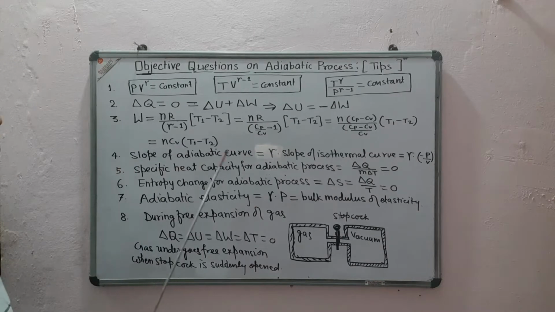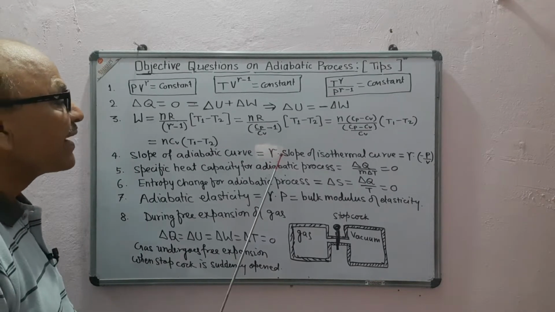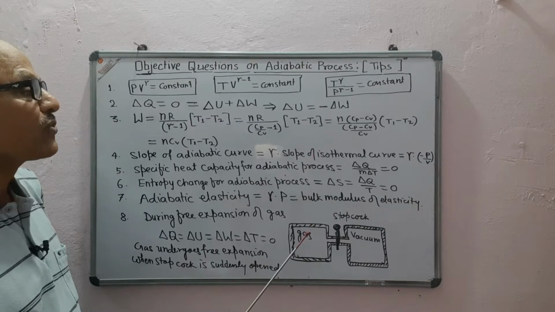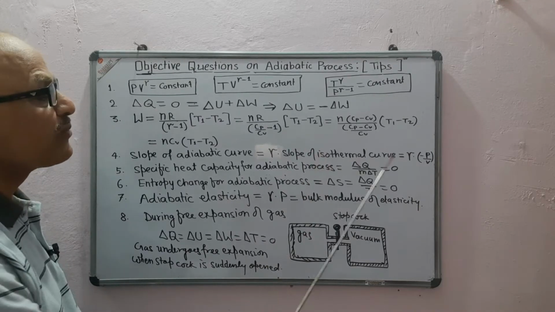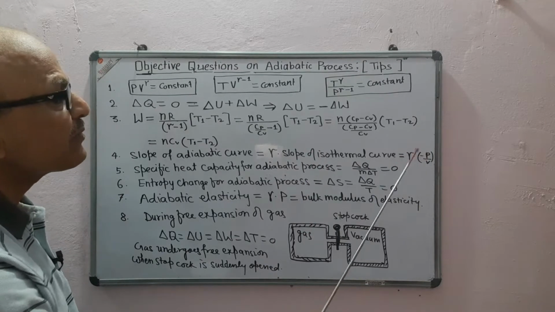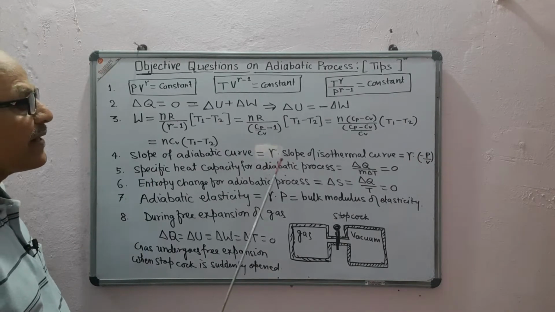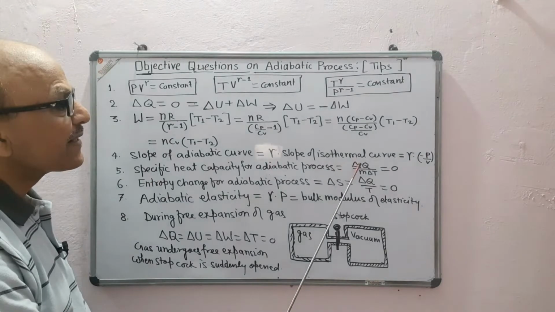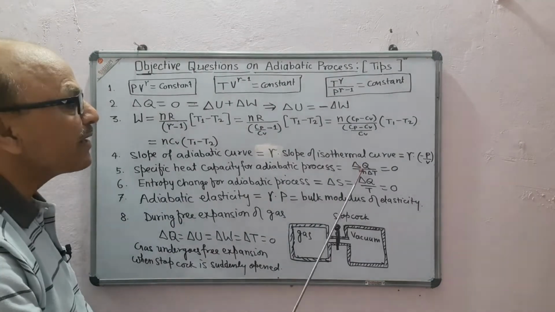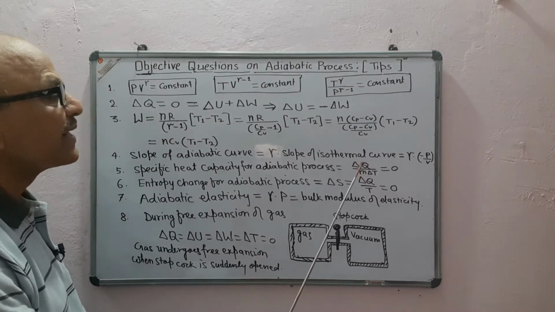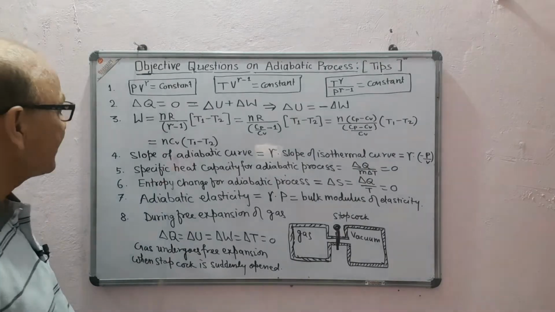Now the slope of adiabatic curve is gamma times the slope of isothermal curve, which is gamma into minus P by V. Specific heat capacity for adiabatic process is delta Q upon m into delta T. Because delta Q is 0, therefore it will be 0.